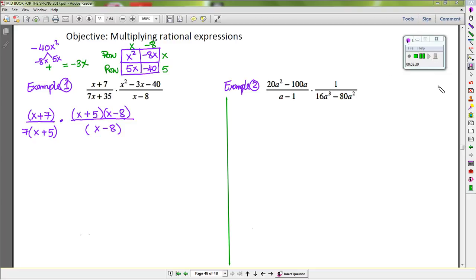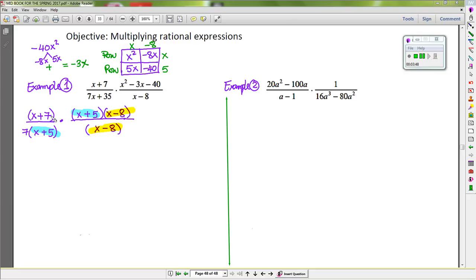Now step 2, we are going to divide out all of the common factors. In this case you can see x minus 8 divided by itself, so it's gone. And we also have x plus 5 divided by itself, so it's gone, it becomes 1, so you don't have to write it down.